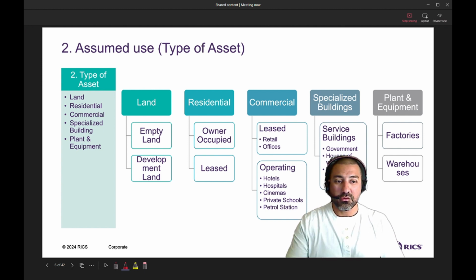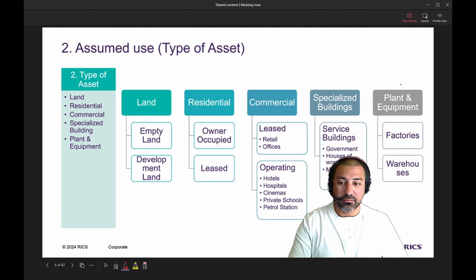Therefore, you cannot use the market approach. You cannot use the income approach. Then you're left possibly with the cost approach, right? And the type of asset matters: if it's a specialized building or plant and equipment, obviously plant and equipment has its own treatment, but you might be looking at different methods and methodologies that would affect your opinion of value.